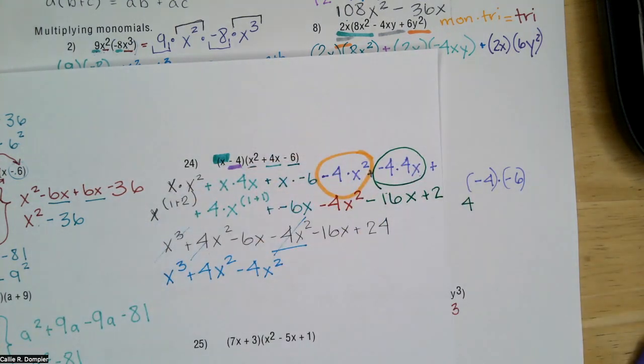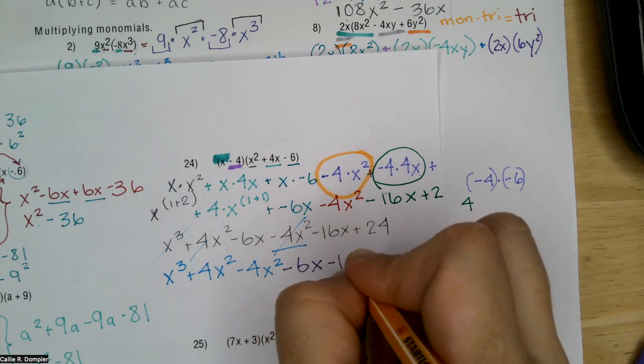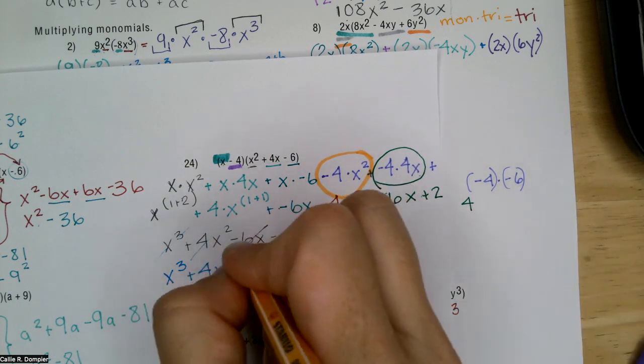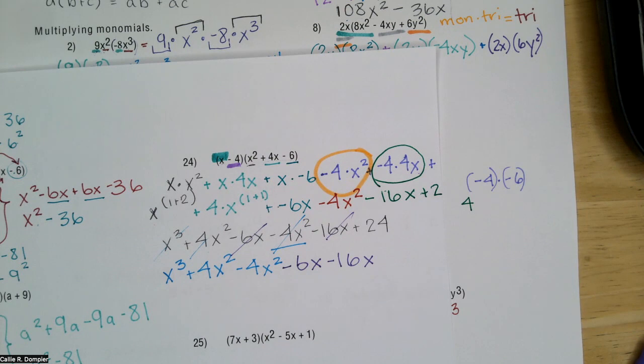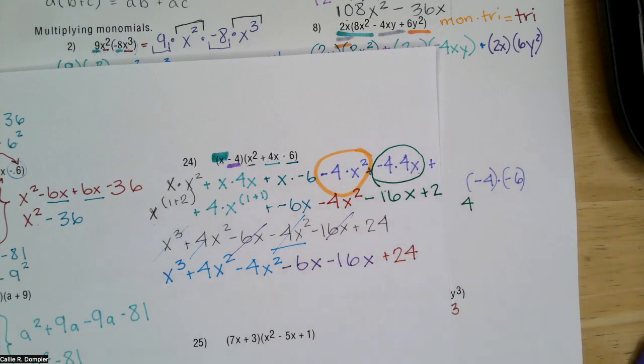I cross them out so I don't get too confused because it's getting very busy. Now, that was my third degree. Here's my second degree. Where would my first degree be? Negative 6x minus 16x. And then my constant is just 24. Can I combine any of these like terms?